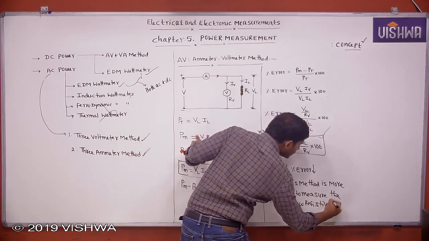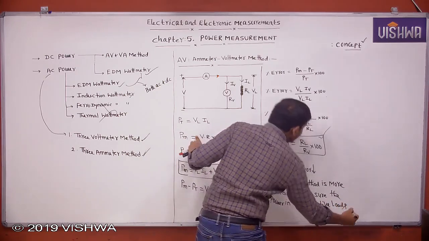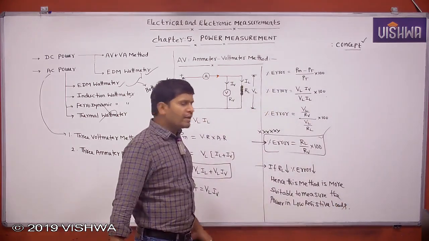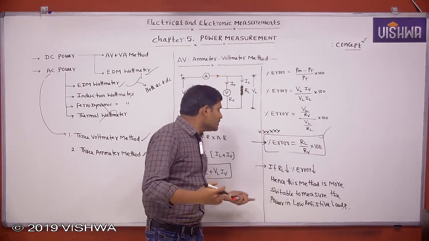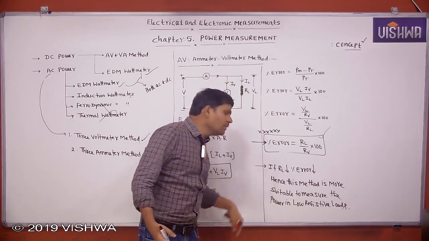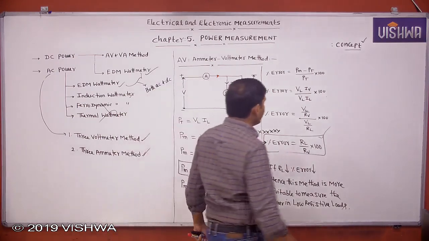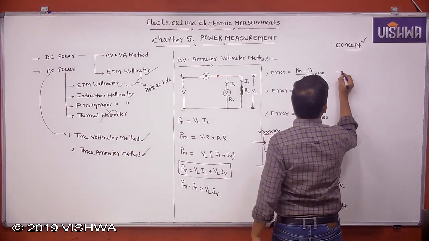That means if you use this AV method for low resistive loads, we can measure the power with less error, more accurately. That's why this method is more suitable to measure power in low resistive loads. Next, one more observation.